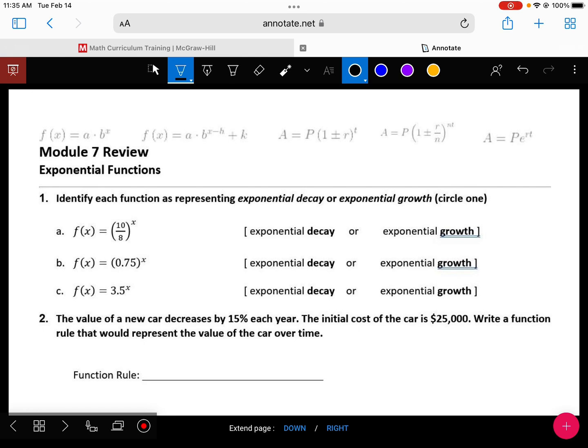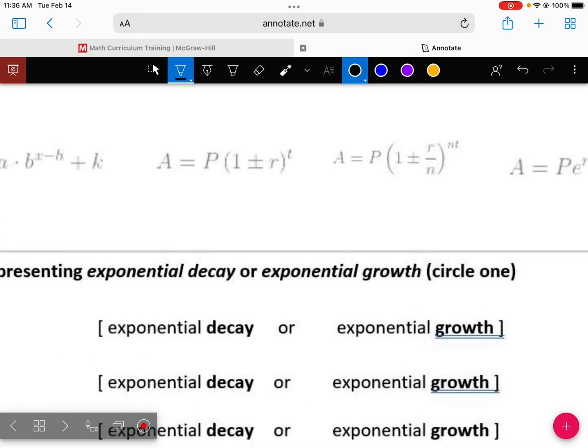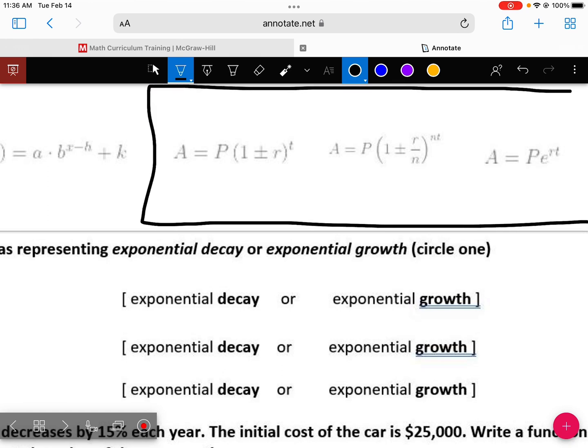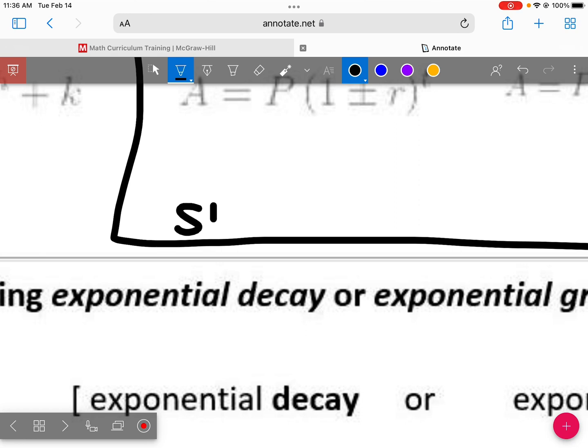On the test, you will get the exact same formulas that are up on top of your review. Whenever you see a story problem, we're going to be using one of these for our story problems.